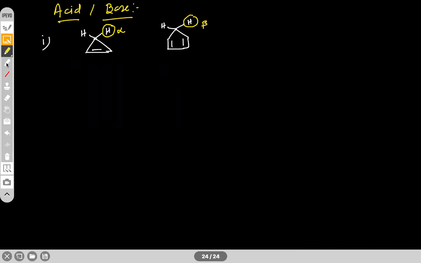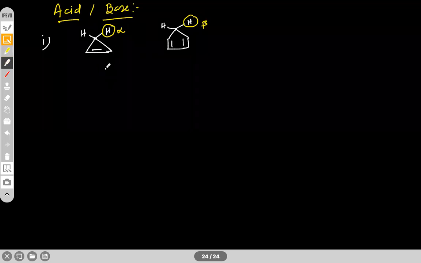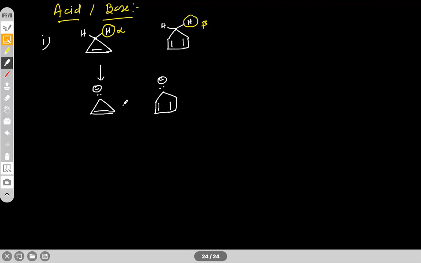See, how do we do this? First of all, we'll write down the conjugate base of this. And the conjugate base of the first one is this negative charge. And the conjugate base of the second one is with negative charge here. Now, which one is more stable?